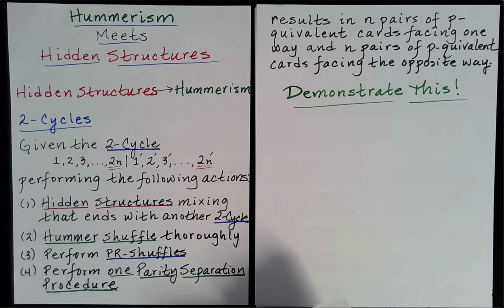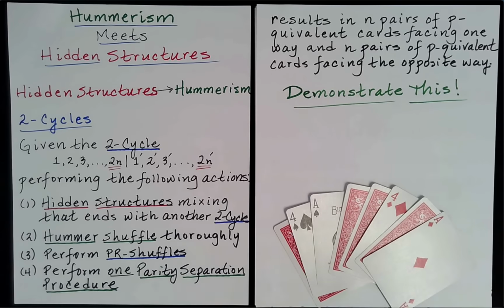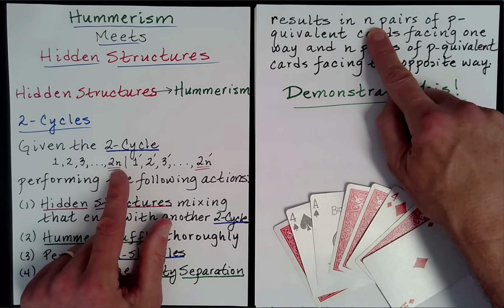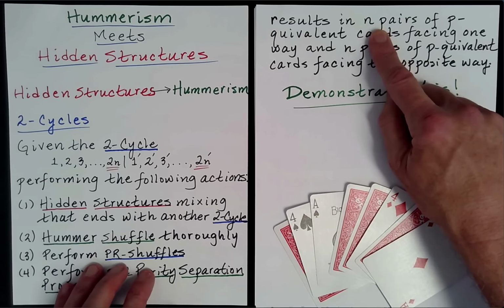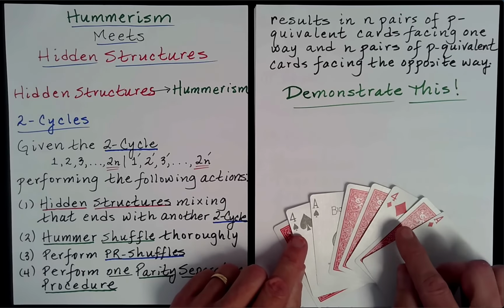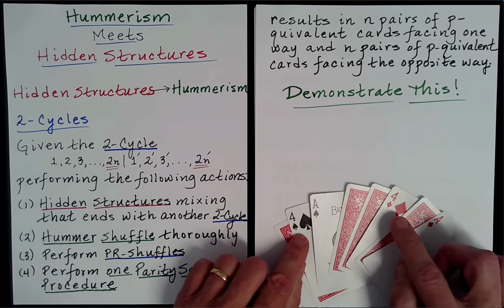Okay? Well, all that means is, let's look at this. So remember, n is 2, because we had 4 and 4. So we'll have 2 pairs of p-equivalent cards. Well, remember, p-equivalent cards are the ones that are in positions that are congruent mod 4, right?